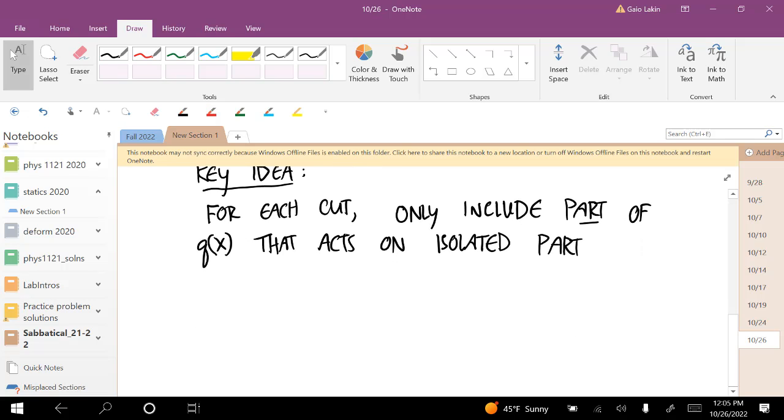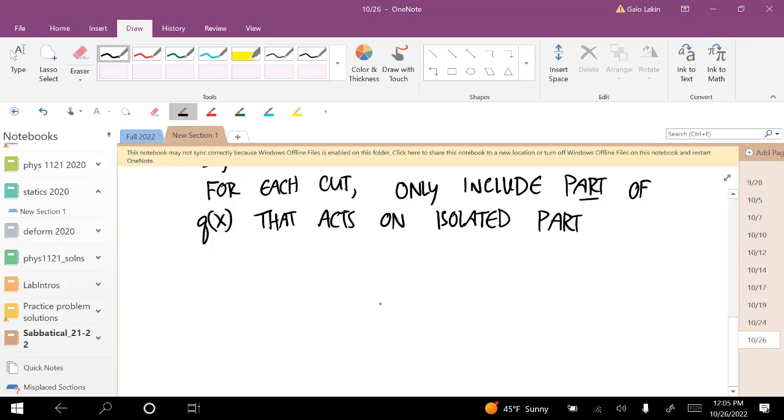Okay, so in this example I just drew above there, you'd have some cut like this, and this part of the beam that's not included.